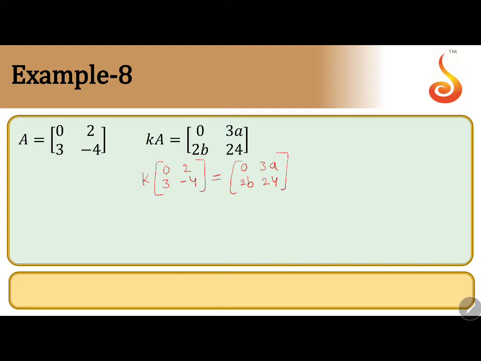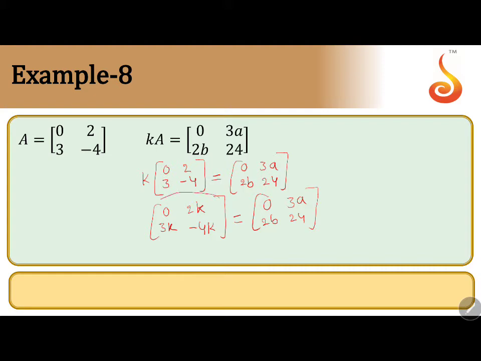So multiply by k: k into 0 is 0, k into 2 is 2k, k into 3 is 3k, k into -4 is -4k, is equal to [0, 3a; 2b, 24].